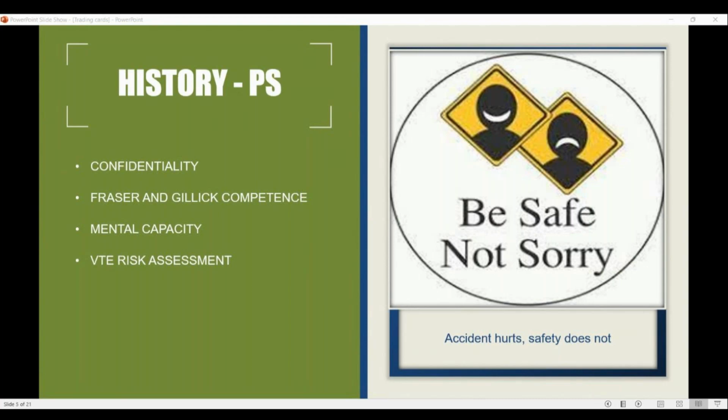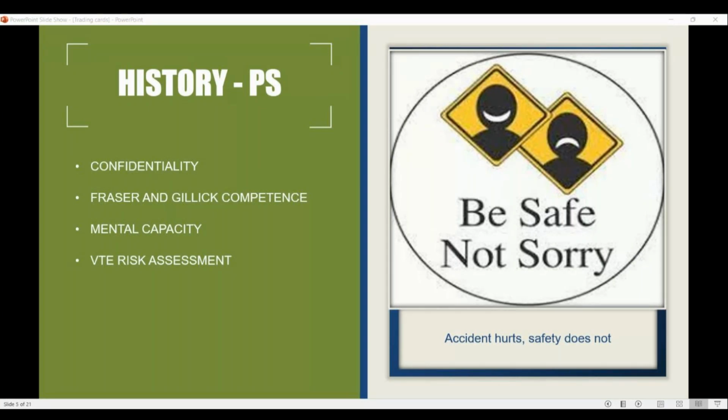Then there are other cases, like Alzheimer's cases, where a daughter or son comes and asks how you will proceed. In that, you have to assess the mental capacity of the woman, so you should have knowledge of the Mental Capacity Act also. You have to tell the daughter or the son that we need to assess the mental capacity of your mother, and after that we will decide what we can do, whether she is in a state of deciding for herself.